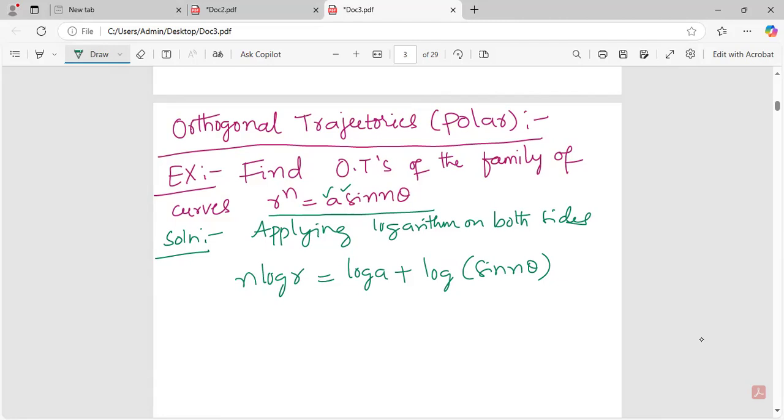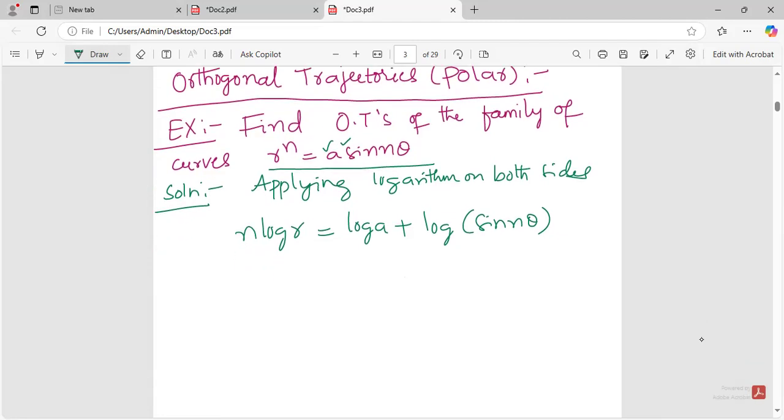Now, for orthogonal trajectories, what should I do? I should eliminate the arbitrary constant or the parameter, whatever is there, and then form the differential equation and replace dr by d theta by minus r square d theta by dr. But where is the dr by d theta in this equation?